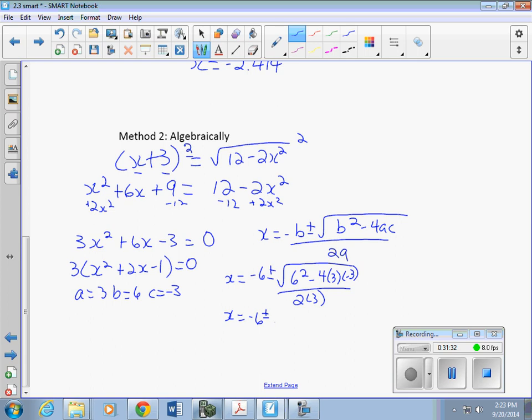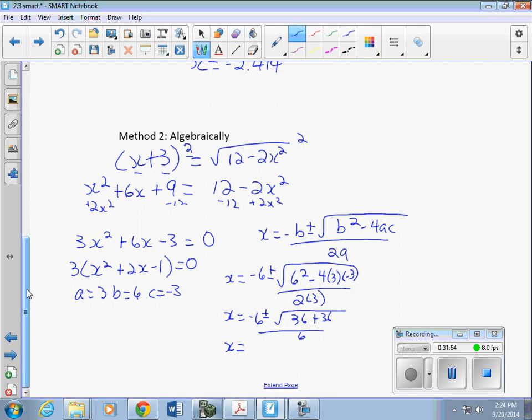Negative 6 plus or minus 36, and 4 times 3 is 12, times 3 is 36, so 36 plus 36, all over 6.